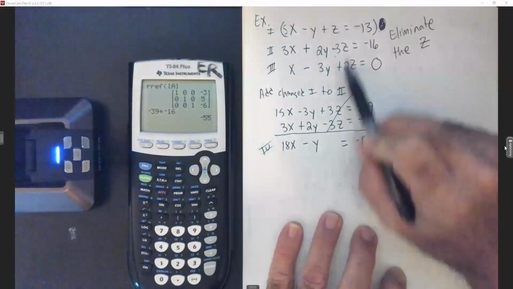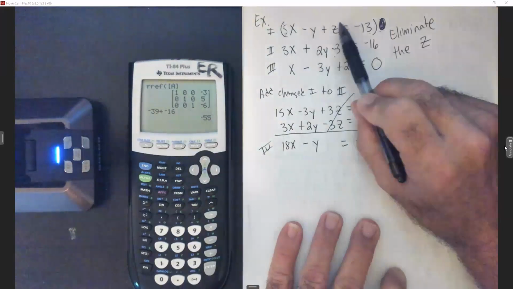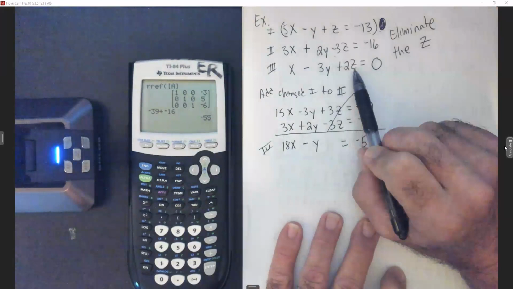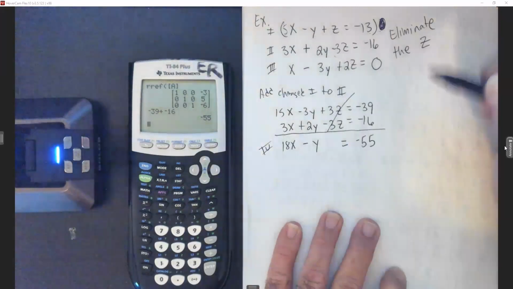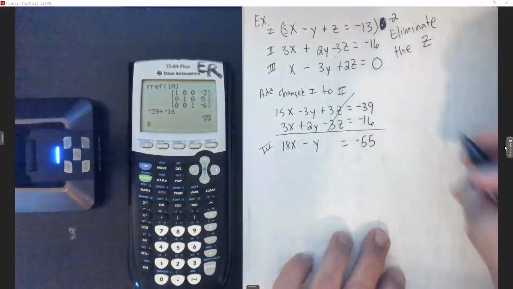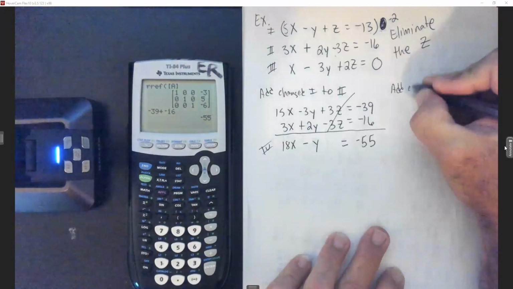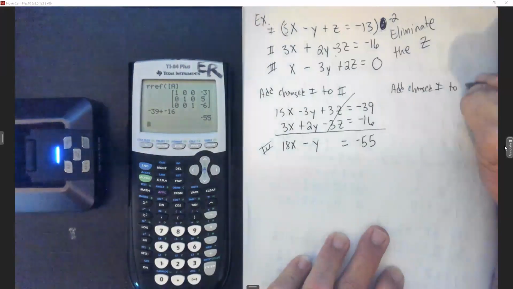This has a 1z. So to get the z's to cancel with 1 and 3, I'm going to multiply row 1 by a negative 2 this time. So I'm going to add a changed row 1 to row 3.